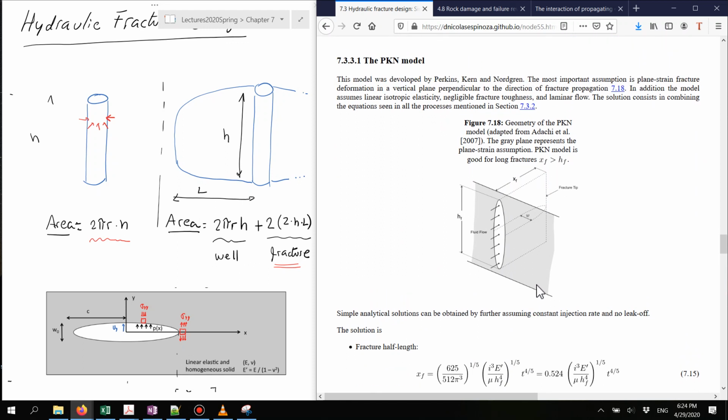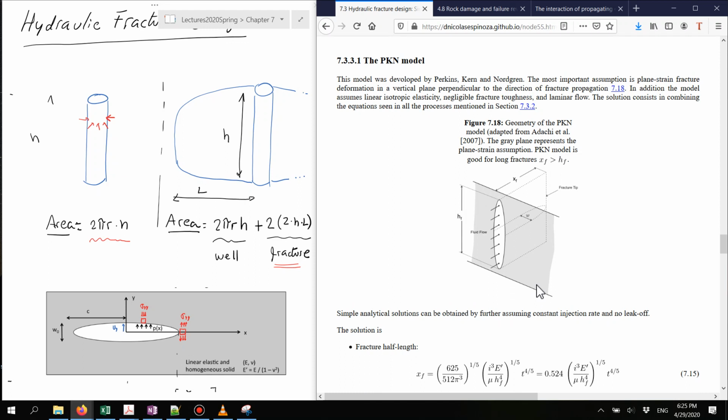These analytical solutions have been used for a long time, and they are more or less good for just a single fracture out of a single wellbore, but they are not that good for the current hydraulic fracture completions that we do today.